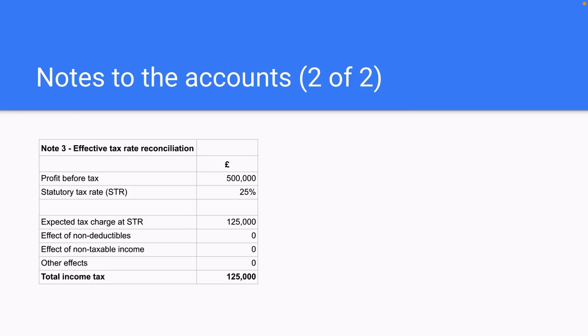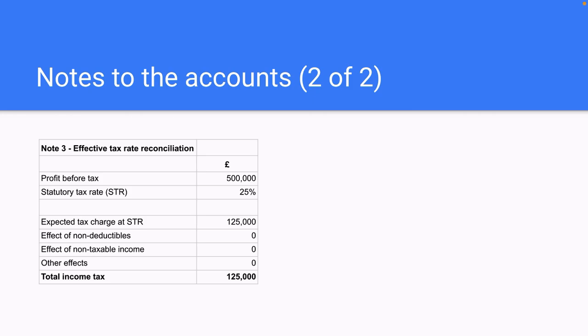If you pick a random person who is not familiar with how tax accounting works, they will expect that your tax expense should be equal to your profit before tax multiplied by the tax rate. But this is almost never the same. If you want to understand why it's not the same, you need to look through the note on the effective tax rate reconciliation. That note explains why your tax expense is not the same as profit times tax rate.